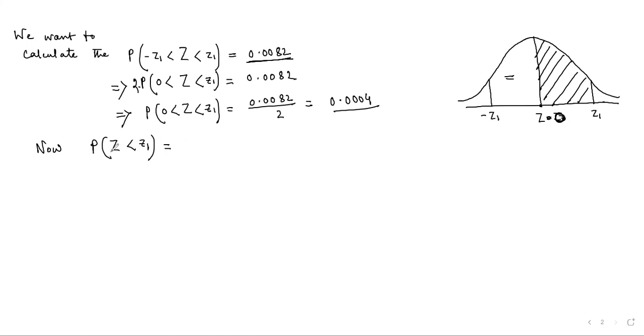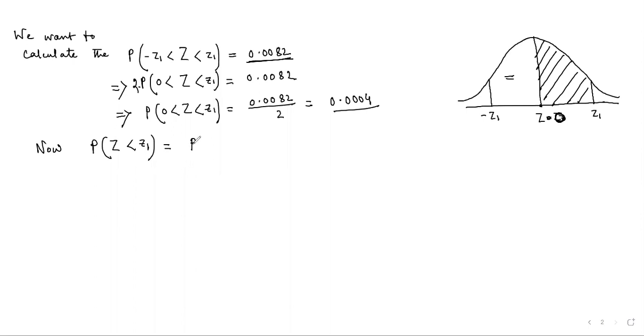If I am interested in this particular probability, it can be written as the probability of z less than z1, which means the entire part on the left hand side of z1 is being considered.